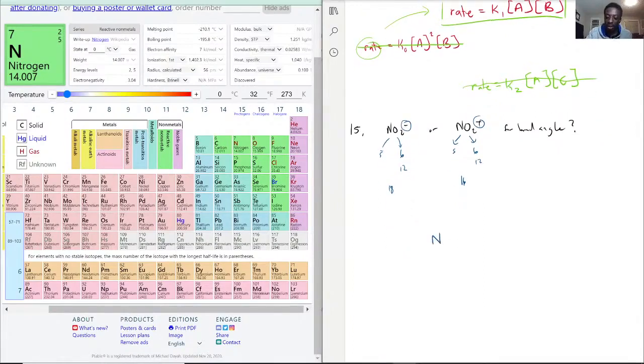So we have nitrogen in the center, and we have 2 oxygens. Oxygen now needs to incorporate the rest of its 6, so it'll be 2, 3, 4, 5, 6. Same with this, 2, 3, 4, 5, 6.